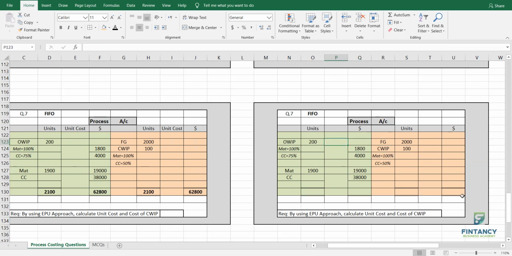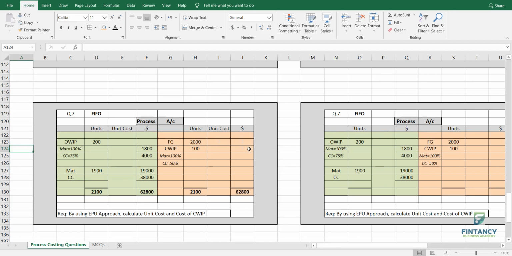Again, let me remind you, whenever there is opening work in progress, you need to know which method to use. An examiner will tell you which method to use. How many methods are there? Only 2. Number 1, weighted average. Number 2, first in, first out. That's it. Okay, this is completion of process costing here. Once you do this first in, first out.